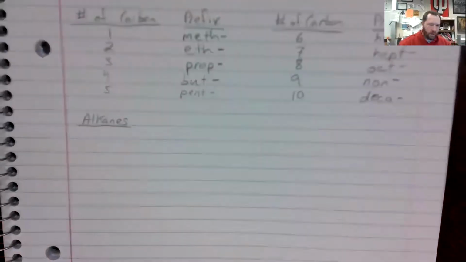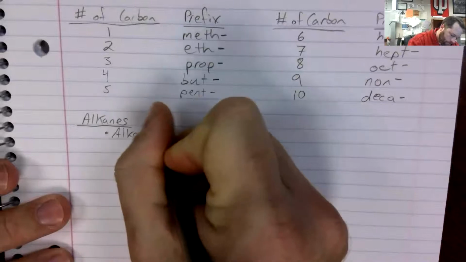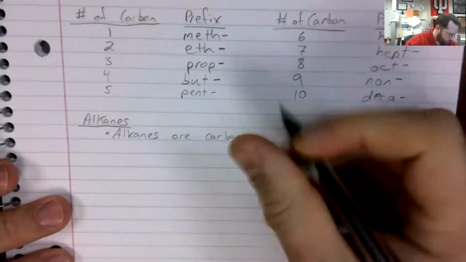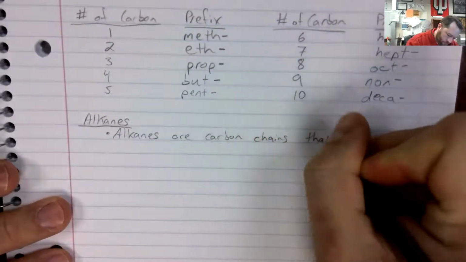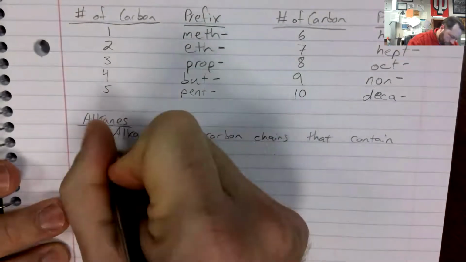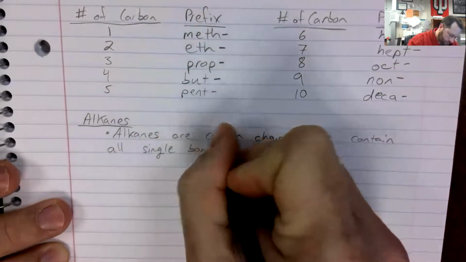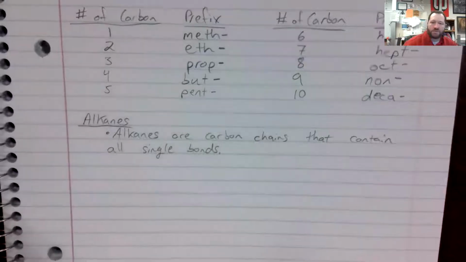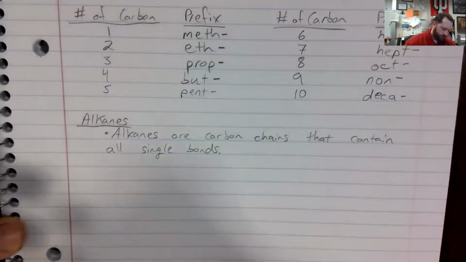We'll start off with alkanes then. So alkanes are carbon chains that contain all single bonds.